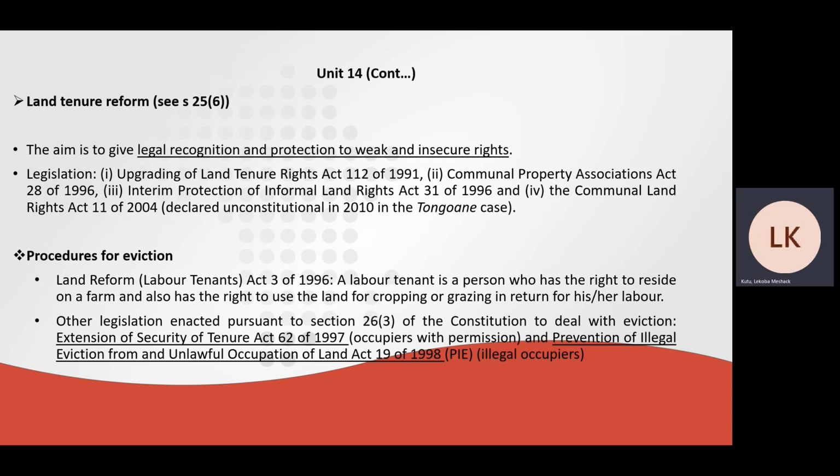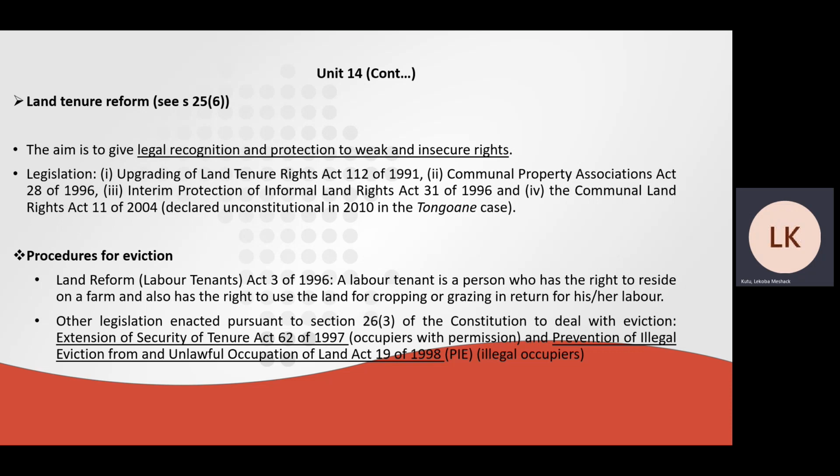Now, the second category of land reform is what we call land tenure reform. In terms of this one, the aim of this reform is to recognize and protect those weak rights that the majority of the people used to have under the apartheid laws.